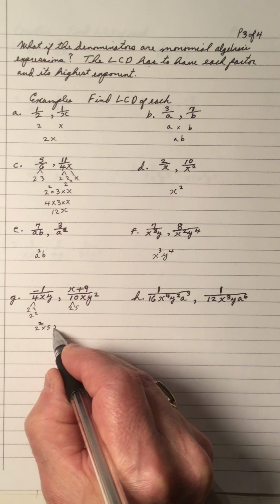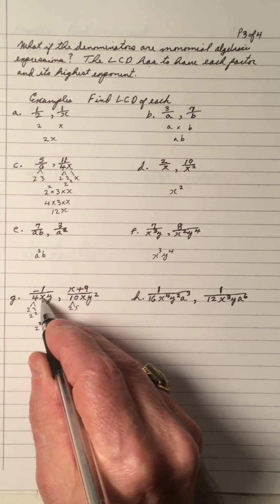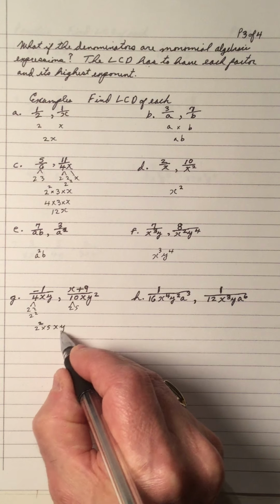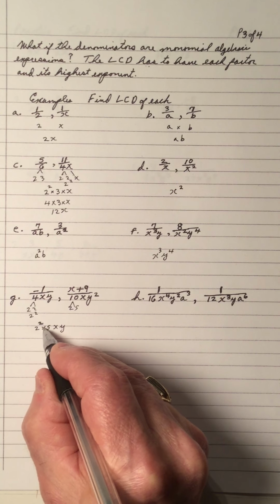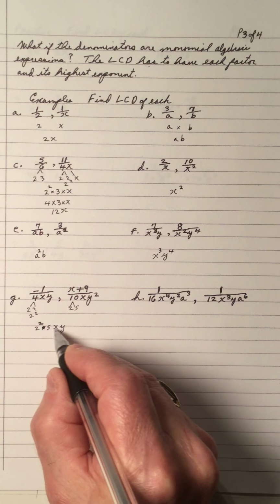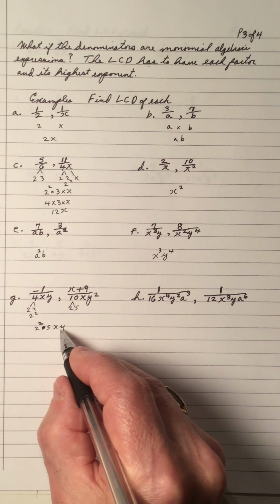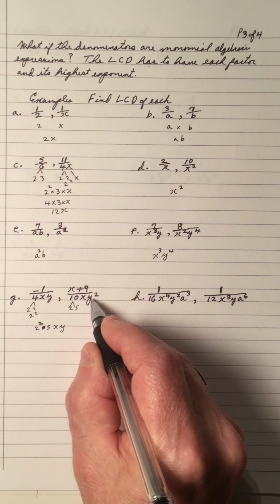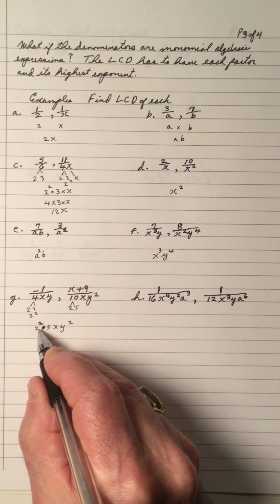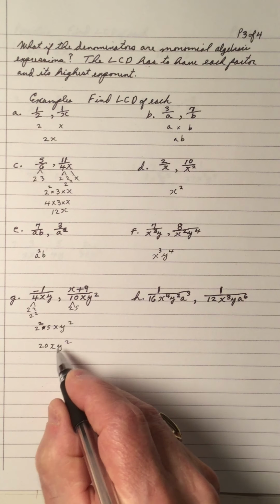I have an x as a factor, and the highest power is 1. I have a y as a factor. I better be careful right here. Let's use a dot for multiplication because I'm using x's and y's. And the highest power of y is a 2. So that's 4 times 5, which is 20, x y squared.